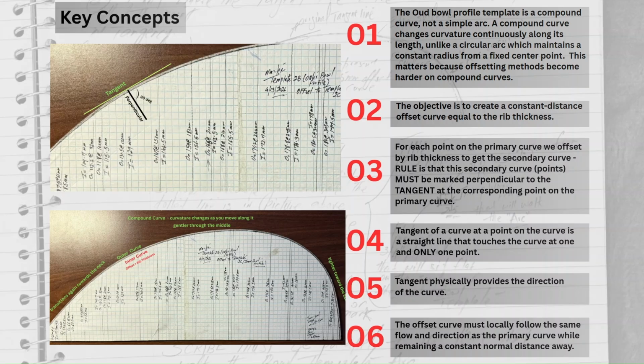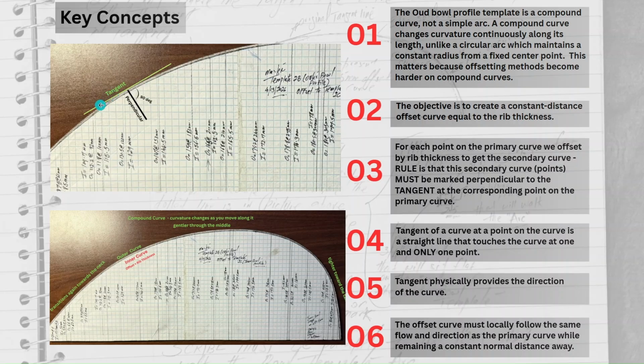So again, let me reiterate. The rule that we must follow is that the points on the secondary curve must be marked perpendicular to this tangent at the corresponding point on the primary.